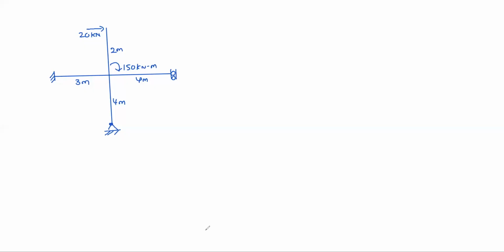See, now that is a free end, right? So free end means 20 into 2, 40 also will come as a moment at the junction. Now first of all we'll see the stiffness and distribution factors. A, B, C, D, O. KOA equals 4A by 3.